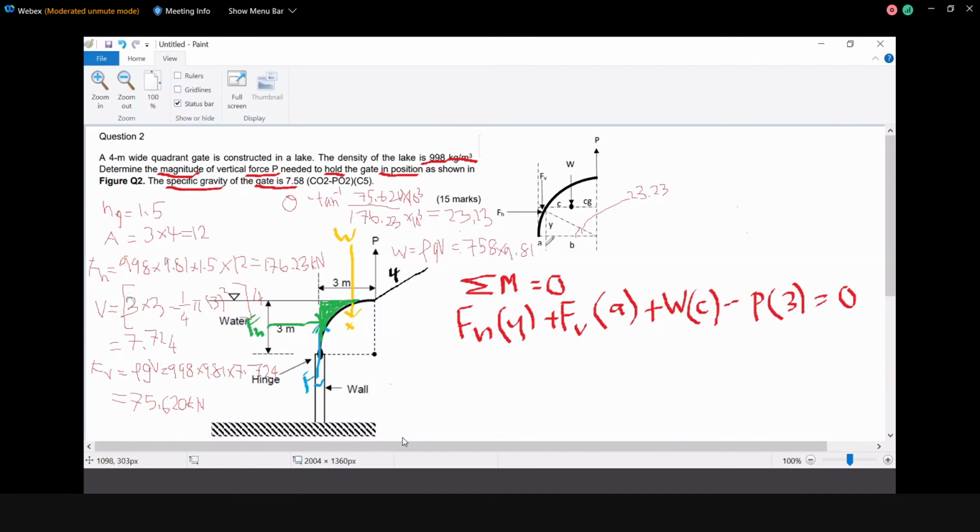Volume dia samalah, volume of the gate. Volume of the quadrant ni. So volume of the quadrant tadi yang kita kira kat sini. 1/4 pi r squared. Berapa tadi yang 1/4? Bukan yang 7.724 ni, sekejap. Dia total. V tadi 7.724.